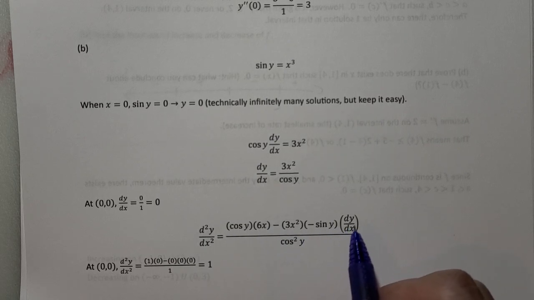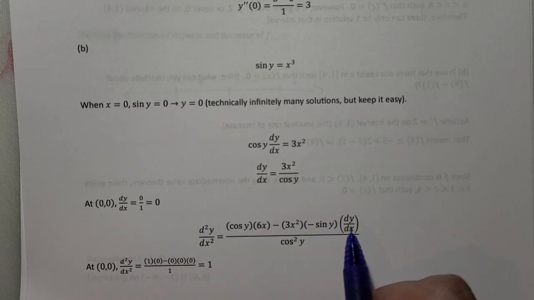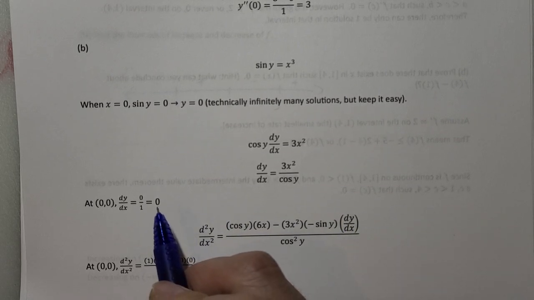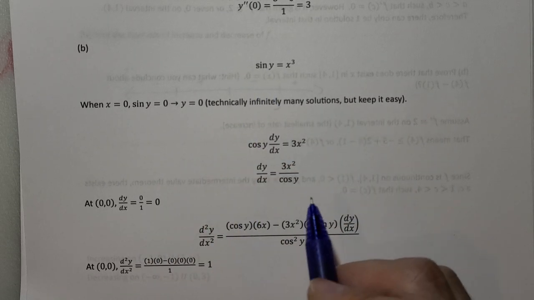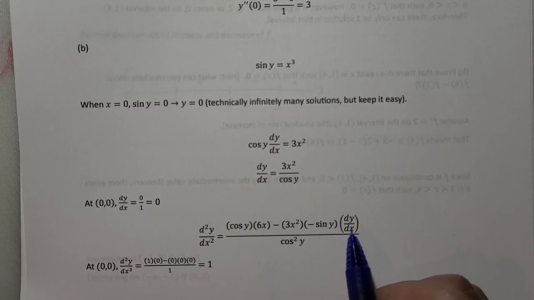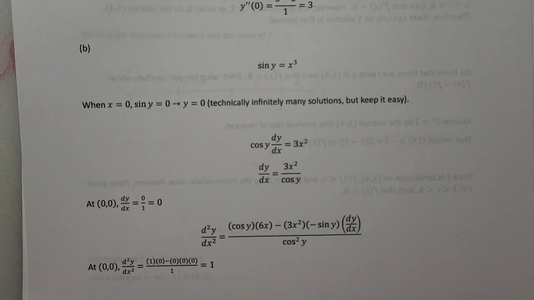By the way, for this one, we plug in the value we found over here. dy dx at 0, 0 is 0. We found that in the previous step, right? So we can plug that in there as well and divide by 1. So the answer is 1, and that's your final answer.